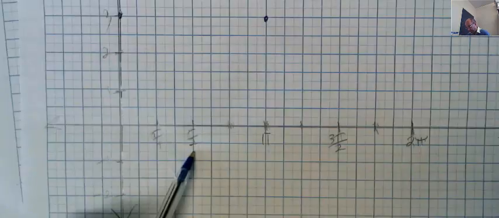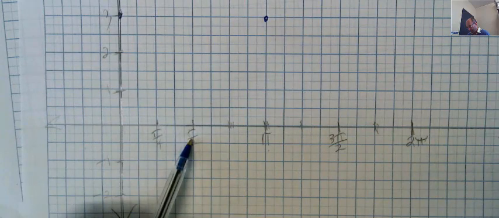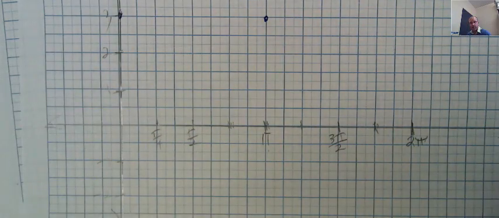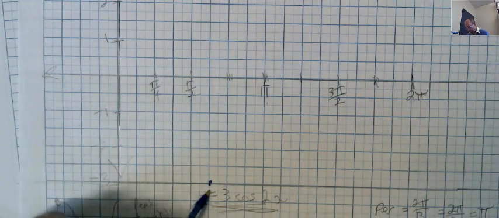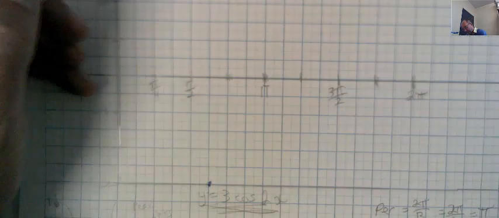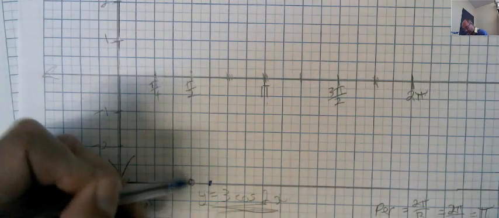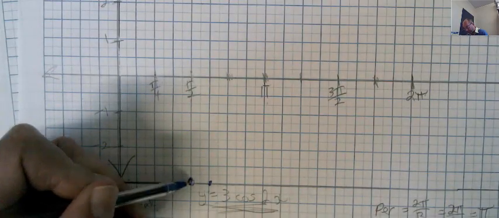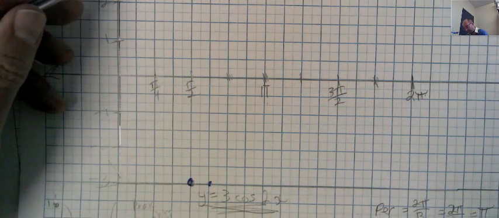And at pi on 2, so a quarter, we've got a minimum down here, at -3. So it's going to come down as such. Whoops, I had that over too far, that should be underneath pi on 2. So that's the point, sorry about that. And so here we go.